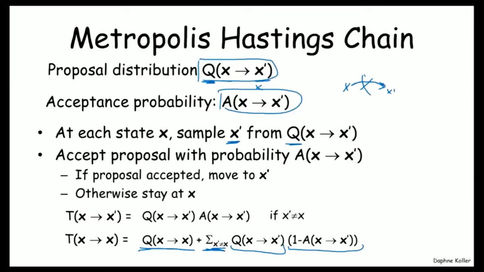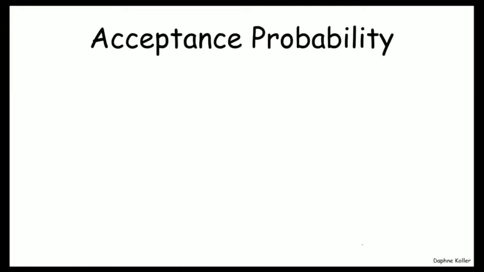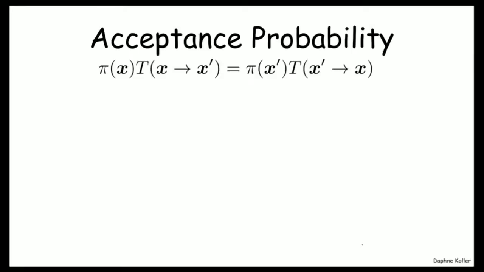So this is a general definition of a Markov chain, but as stated, there is no reason to expect it to have a particular stationary distribution. And so now this is where we bring back the intuition from the detailed balance equation, and we're going to use the detailed balance to construct an acceptance probability that has the property that we want.